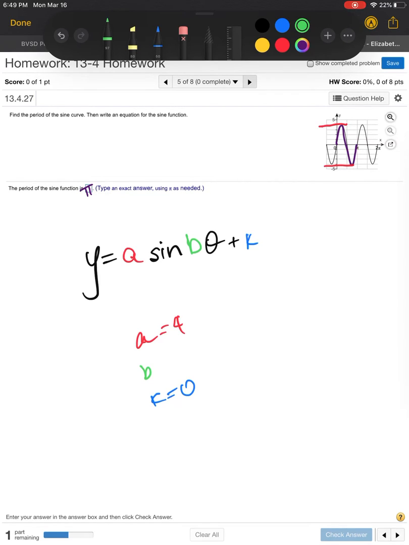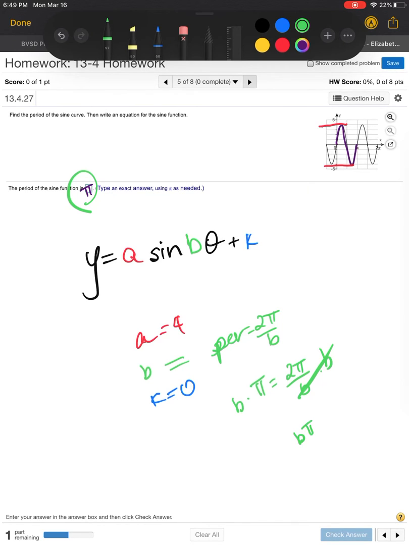And our b value is going to be related to the equation period equals 2 pi over b. We know our period is pi from up here. So pi equals 2 pi over b. Some of you are already saying that b is going to be 2. Let's just prove it. So b times pi to get it out of the denominator.